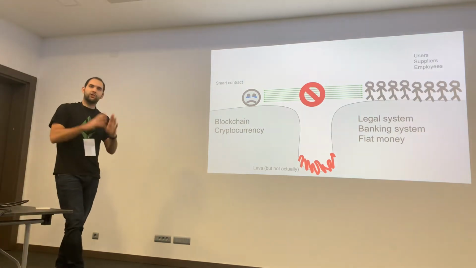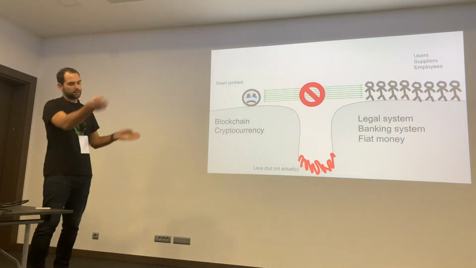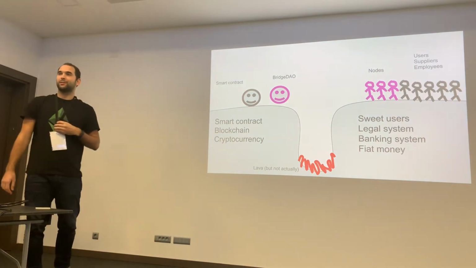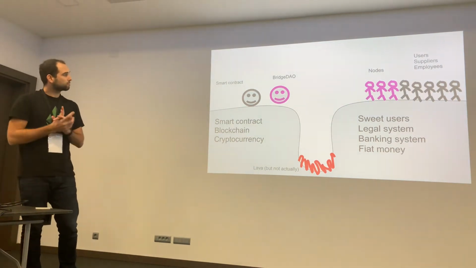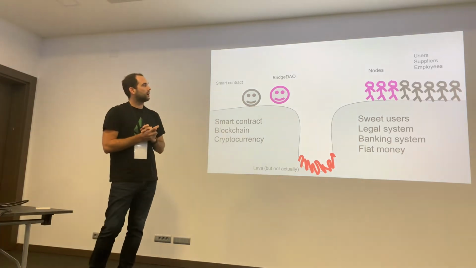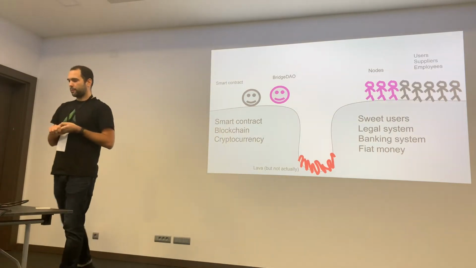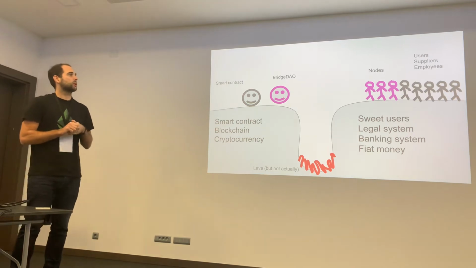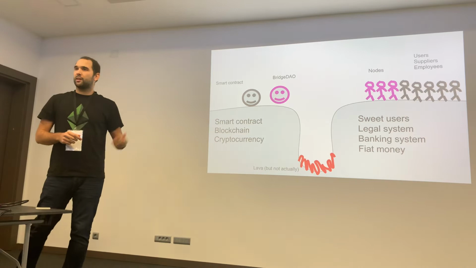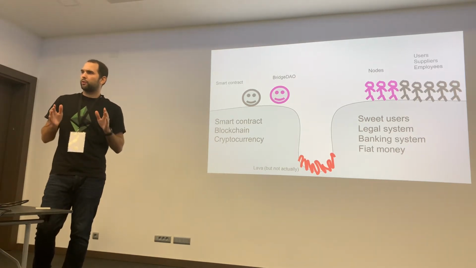So let's imagine there is a solution that bridges these things, and let's call it BridgeDAO. I'll explain why DAO. So for now, let's call it Bridge. And what it does is basically it has friends on the other side, people who cooperate with it and help smart contracts interact with users or suppliers or employees, everybody who actually prefers dealing with fiat, everybody who is familiar with fiat.